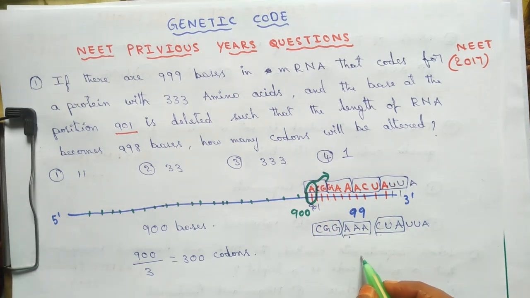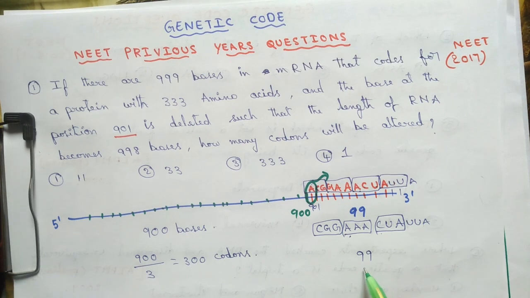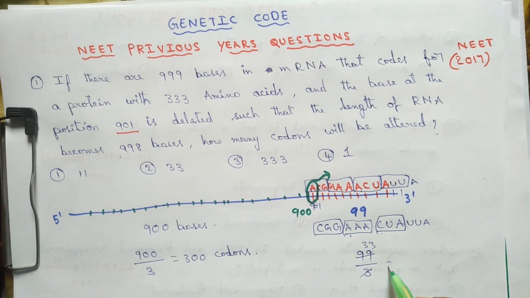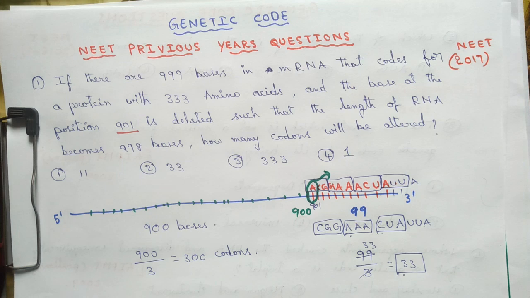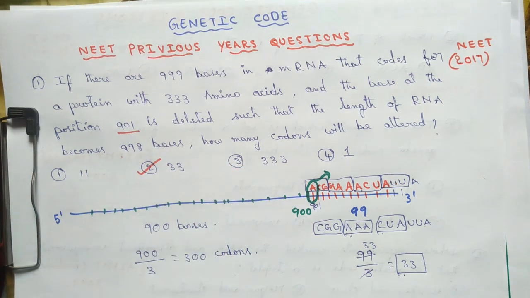So actually how many bases are here? 99 bases are here. 99 bases together form how many triplet codons? Actually 33 triplet codons. So how many triplet codons will be altered? 33 triplet codons will be altered. So the correct option is 33.